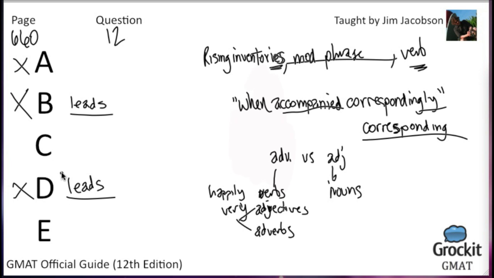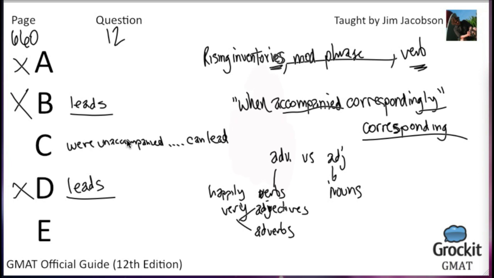So rising inventories, when they were unaccompanied by corresponding sales increases, can lead. Here we have an interesting problem with "when they were unaccompanied," past tense, and then we have this main verb, can lead. That shift in tense doesn't really make any sense.